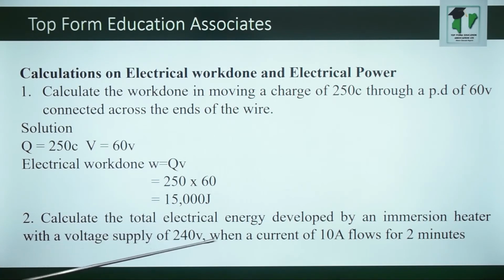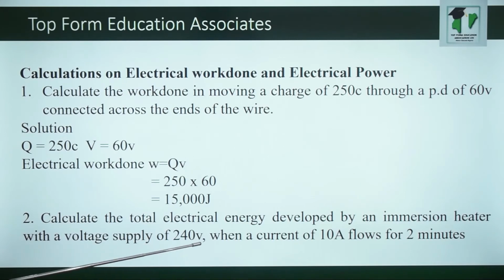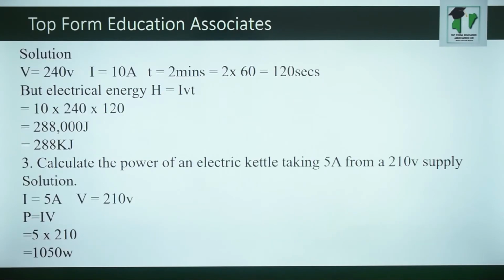Now example 2. Calculate the total electrical energy developed by an immersion heater with a voltage supply of 240 volts when a current of 10 ampere flows for 2 minutes. Now I want to see how to solve the problem.